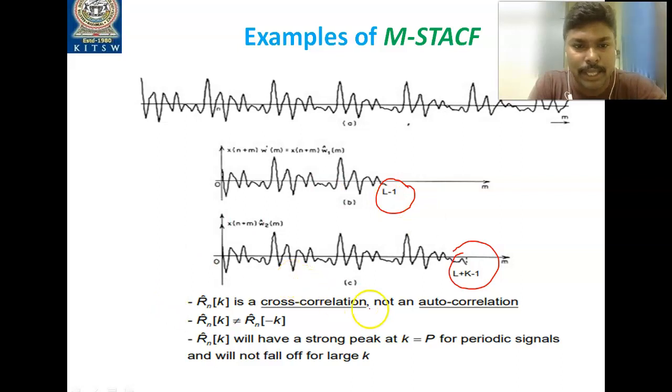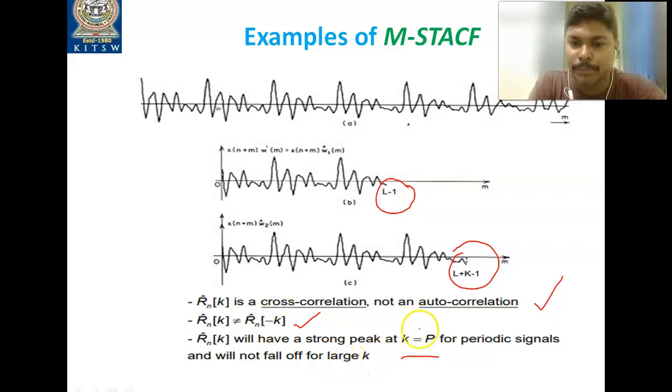Here Rn cap of k is a cross correlation, not an autocorrelation, and Rn cap of k is not equal to Rn cap of minus k, so it does not follow the symmetry property. Rn cap of k will have a strong peak at k equal to p for periodic signals, and will not fall off for large k. That you need to understand.